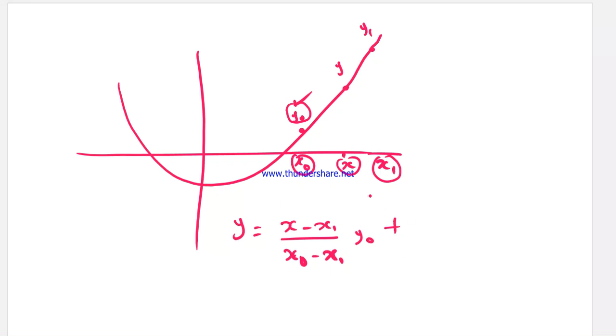In that case, we are going to subtract all other points from x, x minus x naught all over x1 minus x naught, multiplied by y1, which is our reference point. When we evaluate this, we are going to get accurately our unknown point.